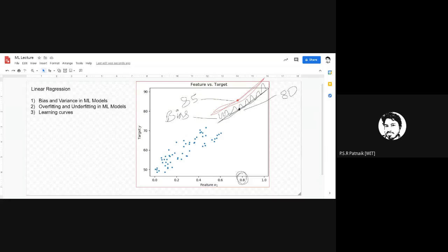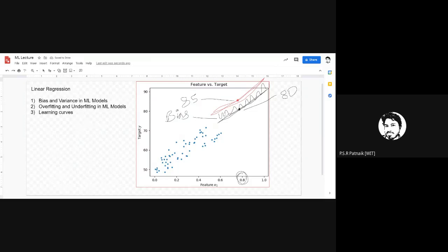Now let me also introduce you to the concept of variance. Now, this is the guessed pattern, and for a short one, let me change the color. Okay, now I'll use this green line. See, this red was for bias.